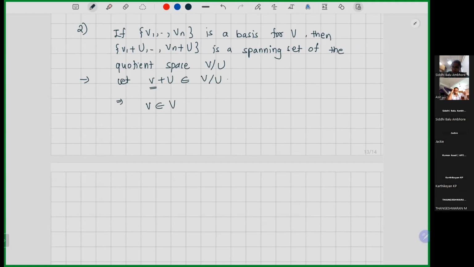And since V1 to Vn is a basis, we can write this V as A1 V1 plus so on up to An Vn. So then I can write this as A1 V1 and so on up to An Vn plus U, right?